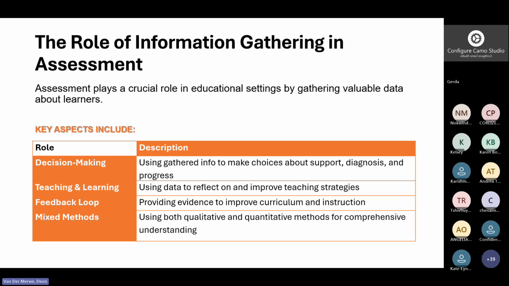As assessors, in this role that you have undertaken, you can make recommendations to teachers and use this information to help teachers see if their methods are working and where they need to improve in order to help learners succeed.